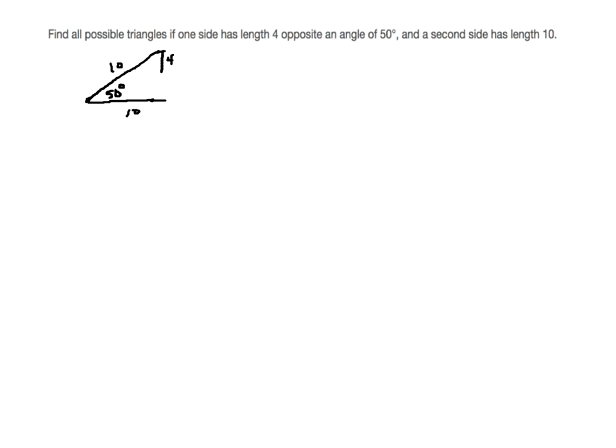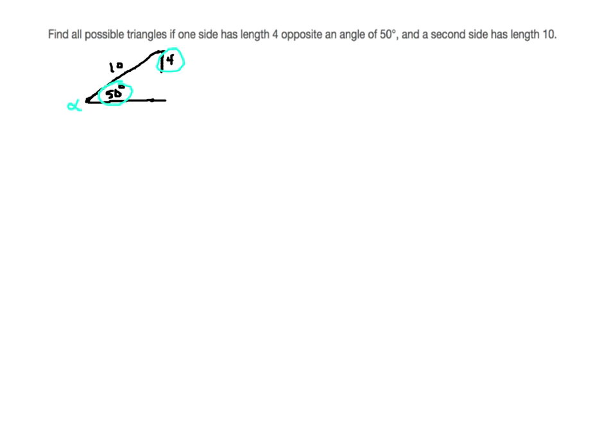Either way, even if this was the side that was 10, because it just doesn't look like 4 is going to quite make it down there to 10, but we can actually use our law of sines to verify if it can happen or not. So let's start out with what we know. We've got one angle, and we do have its opposite side.